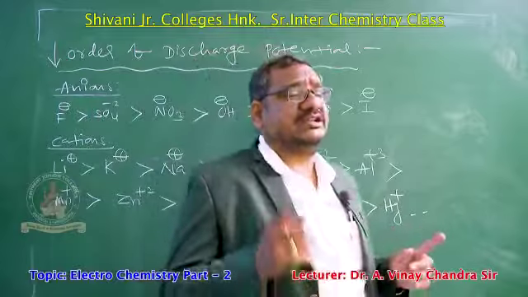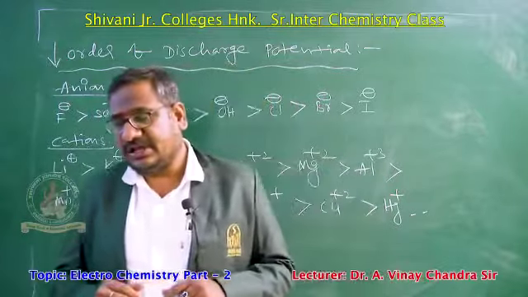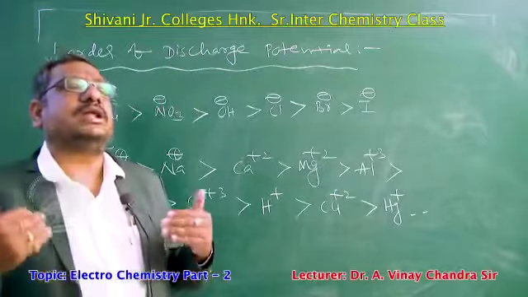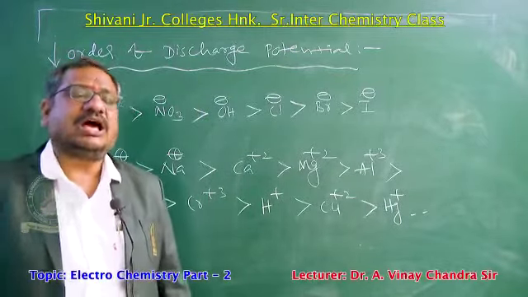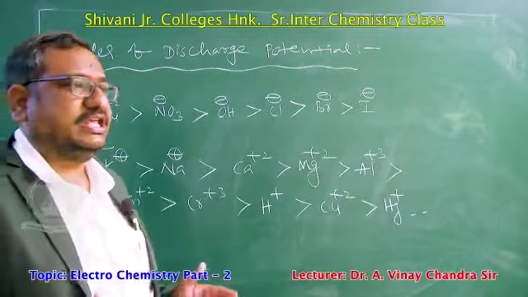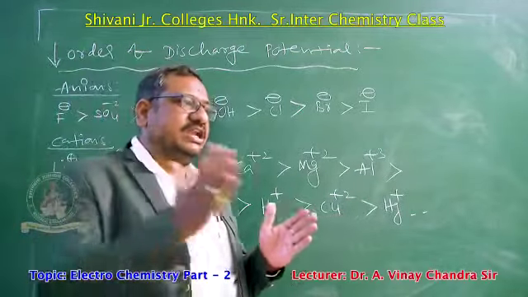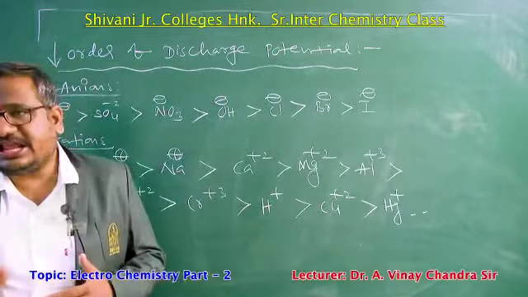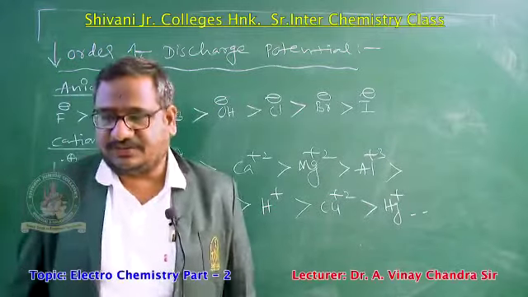In a cell, there may be only one electrolyte present. But if the container or cell has two or more electrolytes, or two or more anions or cations, which ion will readily dissociate or readily be deposited on the electrode? That is called the discharging potential.